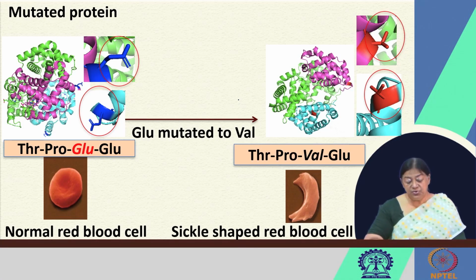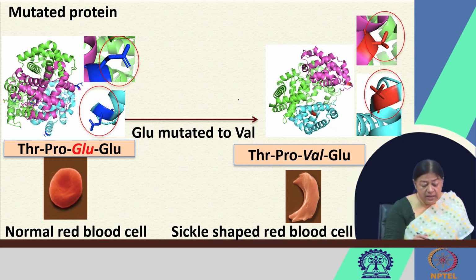Characteristics. This is an extremely important mutation that was the first description or the first identification of what was called a molecular disease in the formation of sickle shaped red blood cells leading to sickle cell anemia. Now, what happens in this case is we have a mutated protein.